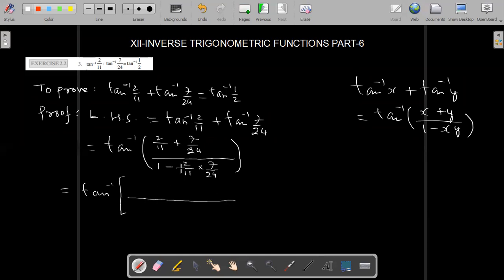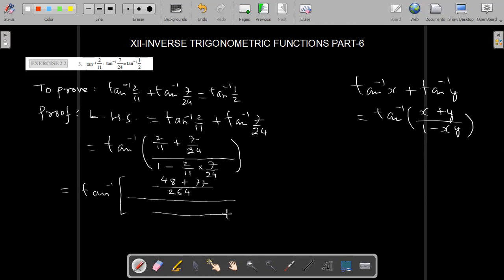So 24 into 11, just take the LCM. 24 into 11 is equal to 264. This is the LCM of the numerator. 24 multiplied with 2 is 48, and 7 multiplied with 11 is 77.